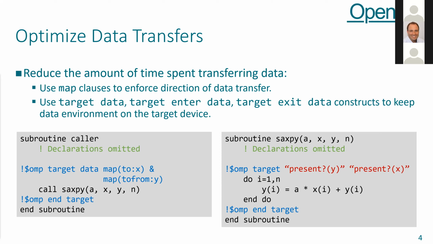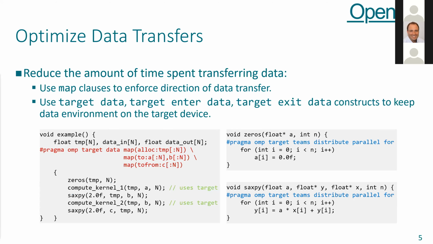Even though I didn't want to mention it, there's an internal reference count. When you do the maps, one of the things that happens internally is that the reference count is incremented. And when you do the corresponding map froms, or the from part of a to from clause, or a target exit data, then that reference count is decremented. And when it reaches 0, the data is actually coming back from the GPU. So I hope that this answers at least roughly your question.